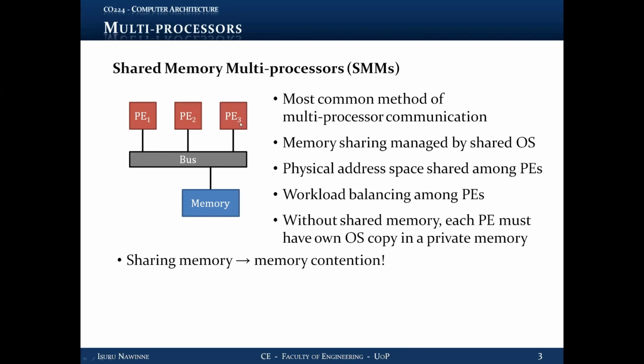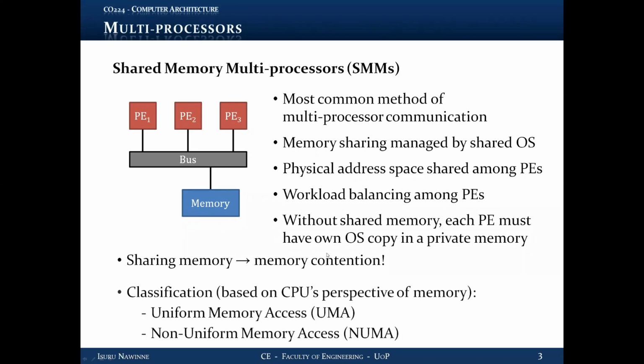We have a lot more read and write requests going through the bus because all these processors are sending read and write requests. So the bus is going to be very busy, and the processors are going to contend to access memory. There's going to be a competition to access memory when all these processors are trying to access it at the same time. So that is one of the biggest problems that we encounter in shared memory multiprocessor systems.